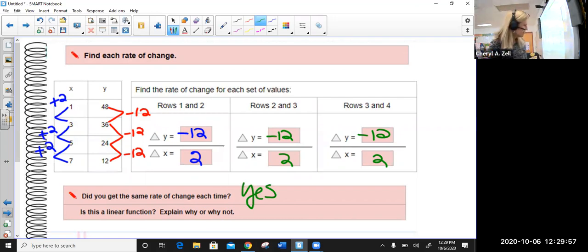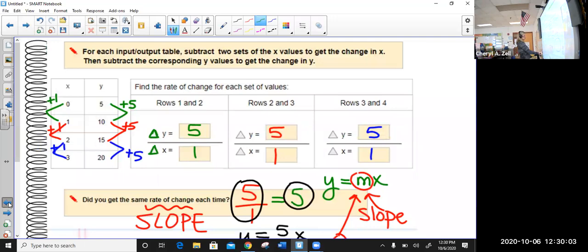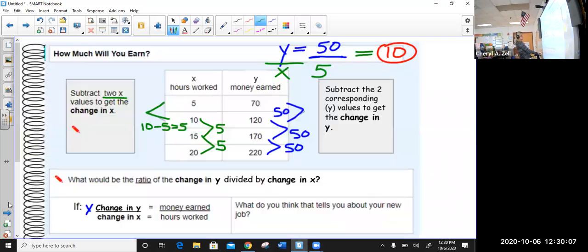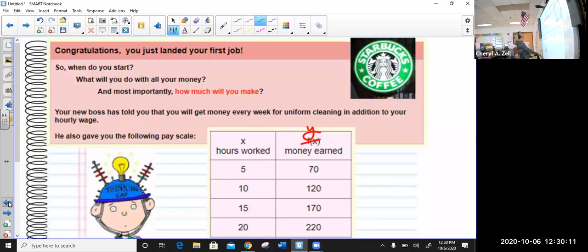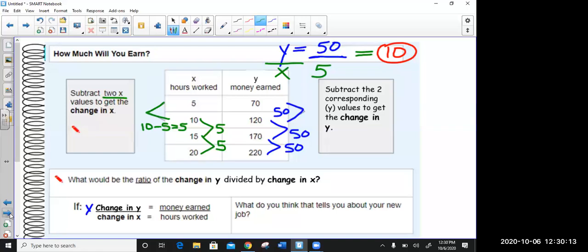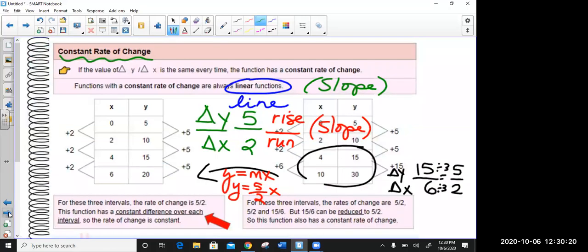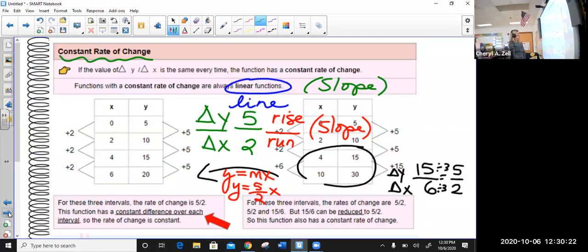Is this a linear function? All right, this is a very important question. Is this a linear function? Let's go back to our definition. Okay, so look up at the top, the constant rate of change.